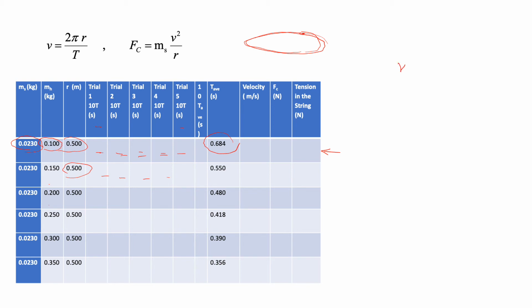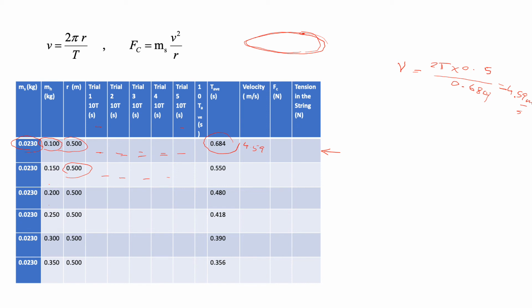Velocity is 2 pi times the radius, 0.5, divided by the average time, which in this case is 684. This is equal to 4.59 meters per second.